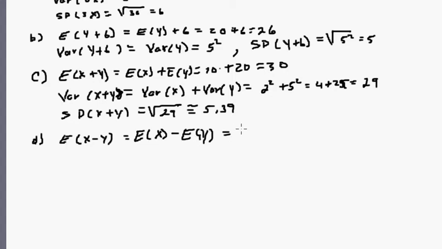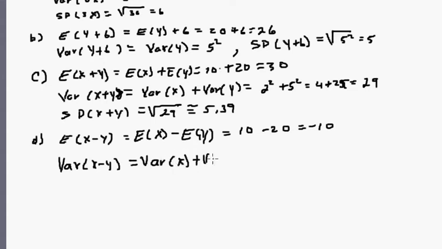So that's just 10 minus 20, so negative 10. And so the interesting part, though, is that the variance of x minus y is actually the variance of x plus the variance of y.